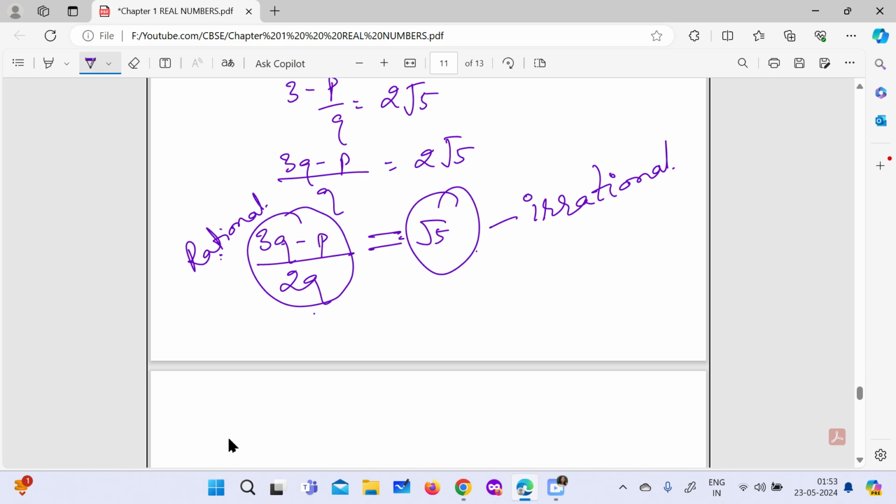But we already know the fact that root 5 is an irrational number, so it contradicts our assumption.